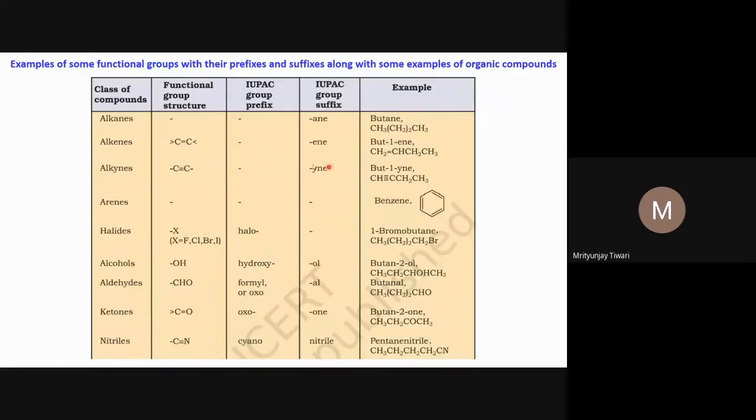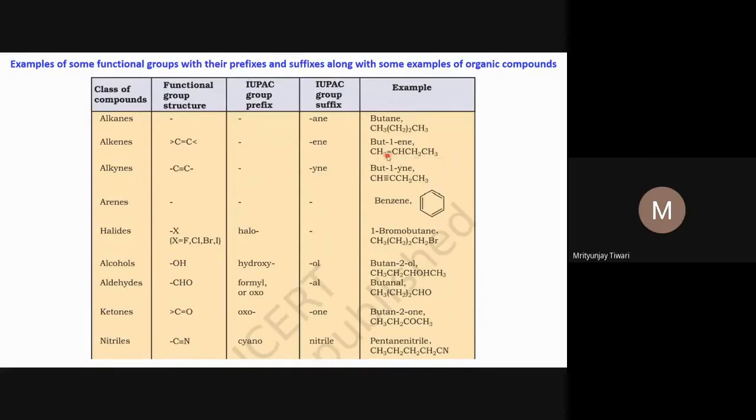Now let us see how one can write the IUPAC name of such compounds. We will only see the basic examples. The alkanes we know, and the alkenes we have also seen. As I have said, in the case of butene, you can have the double bond between the first and second carbon atoms, or between the second and third carbon atoms. If the double bond is between the first and second carbon, the numbering starts from this side.